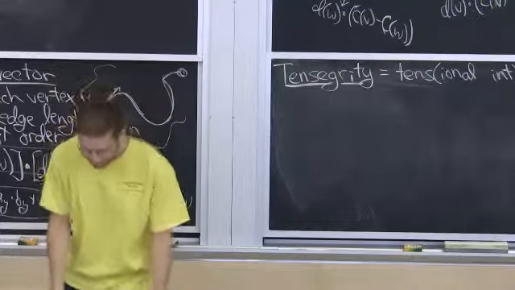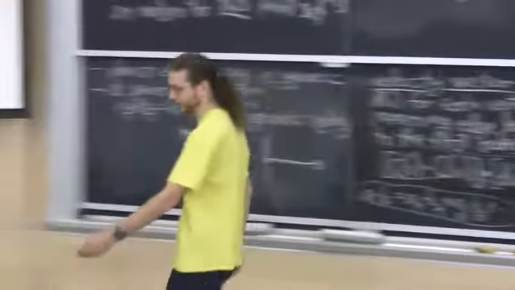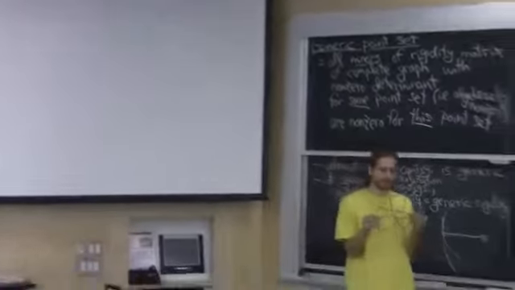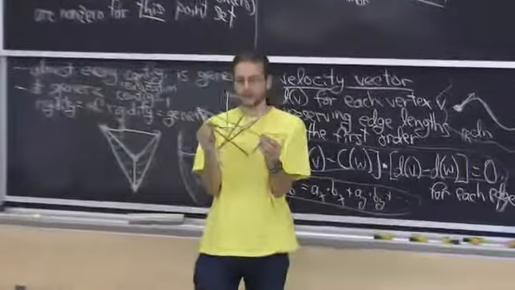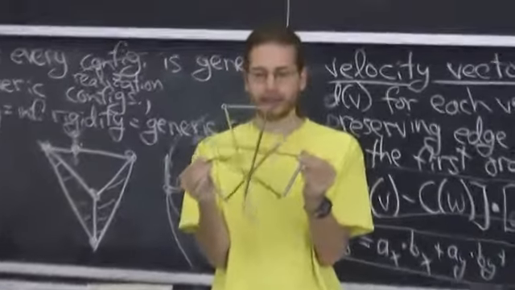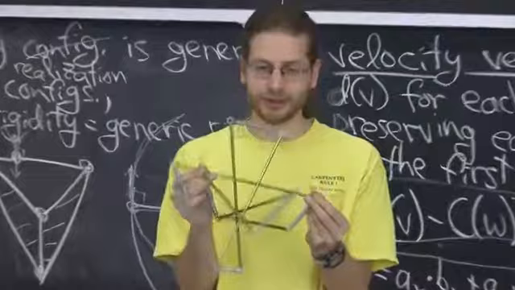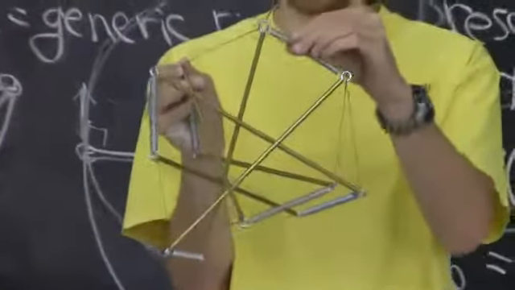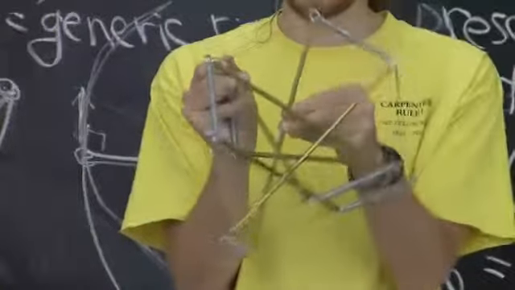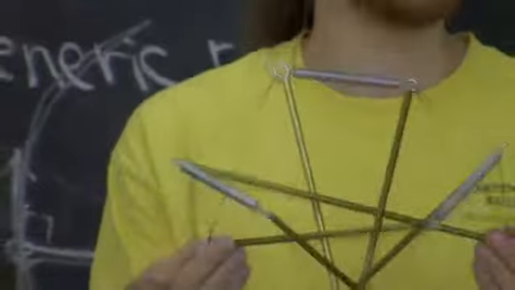And they are things like this. Here's a tensegrity built and given to me by Bob Connelly. And it has, well, I guess there are three kinds of edges physically. There are these springs, there's these struts, and there's these wire cables. And it's rigid.